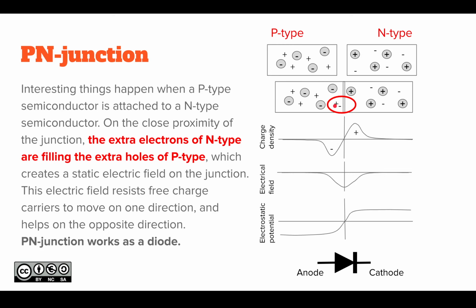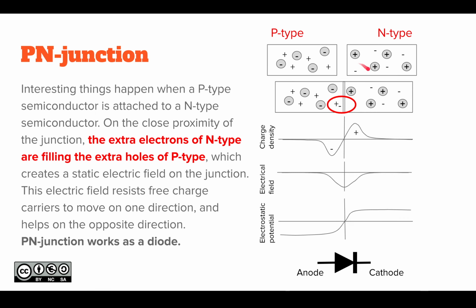Which basically means if you take a look at the charge density in this matter, here the charge density would be more or less 0, because it has the equivalent of negative ions and positive charge carriers.